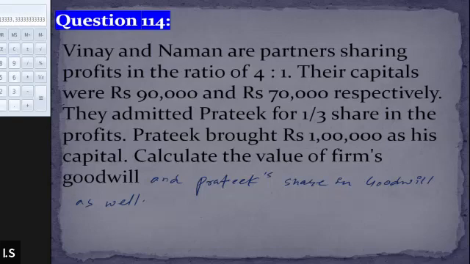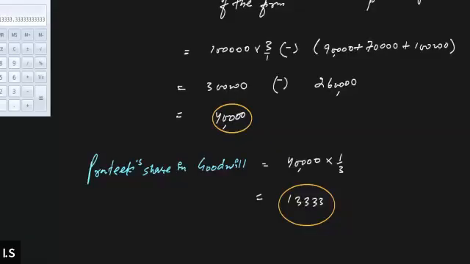Sir, I got 40,000 as the firm's goodwill, and his share is 13,333. Anyone else got the same answer? 40,000 as the firm's goodwill and 13,333 for Pratik's goodwill. Anyone? No. Okay. By the way, this is the correct answer. Let me show you the solution.